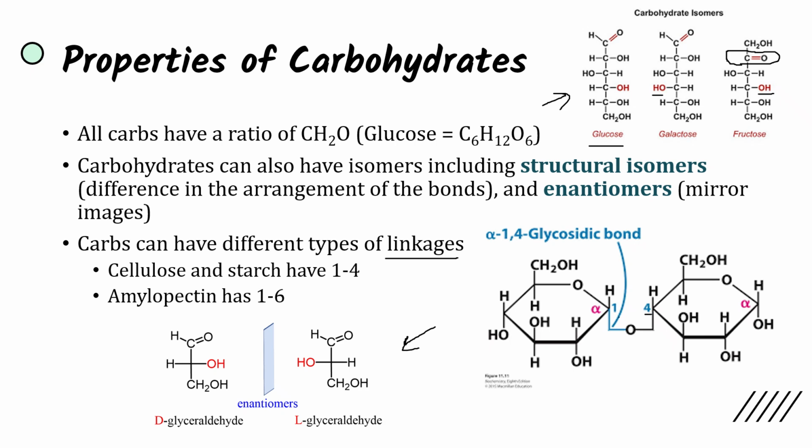If we're looking in the carbon chain starting from the oxygen molecule, this is our first carbon, second carbon, third carbon, fourth carbon, fifth carbon, and sixth carbon right up here. So there can either be a 1,4 linkage or a 1,6 linkage, which again is going to change the structure of the overall carbohydrate molecule just a little bit, even if all the monomers are the same.